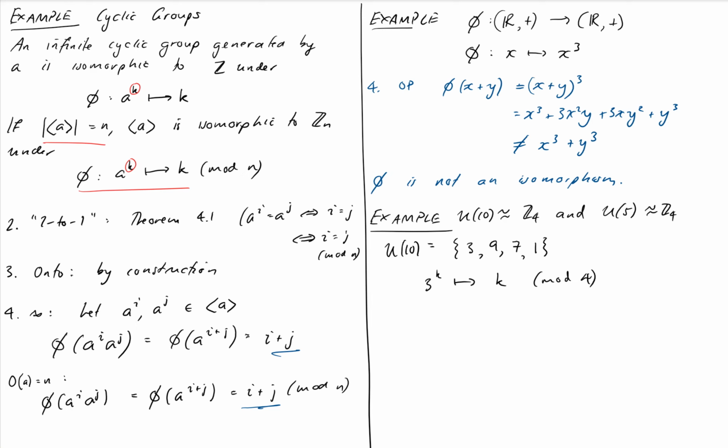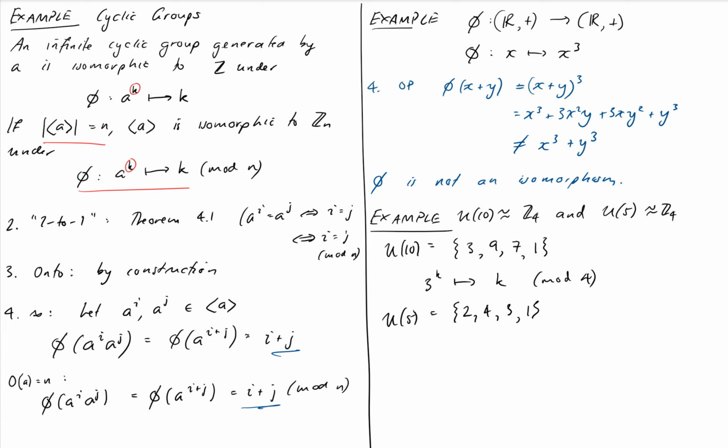Alright, so that's cool. U of 5 is also cyclic, because if I take, for example, 2 as a generator, 2 squared is 4, 2 cubed is 8, which is 3 mod 5, and 2 to the fourth is 16... let me just back up a second. 2 cubed is 8, which is 3 mod 5, and 2 to the third times 2 is 16, which is 1 mod 5.